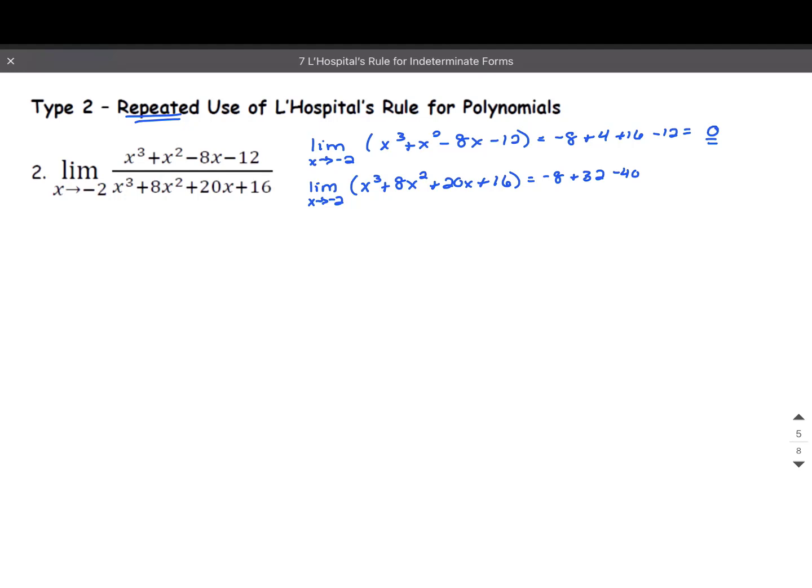And then we have a plus 16. And that's going to give us negative 48 plus 48. So we have 0. So now we have an indeterminate form. And L'Hopital's rule applies.